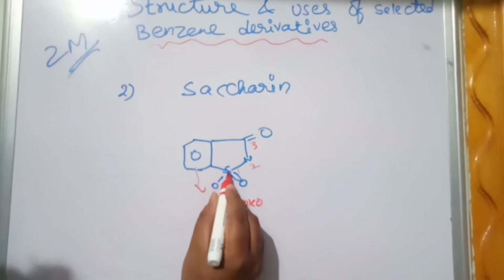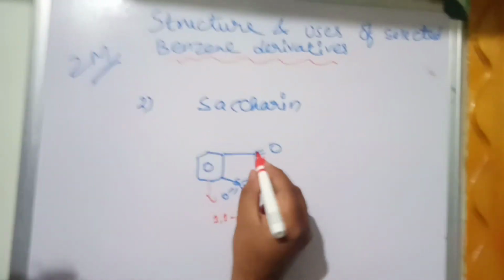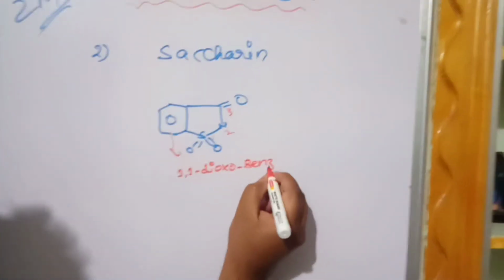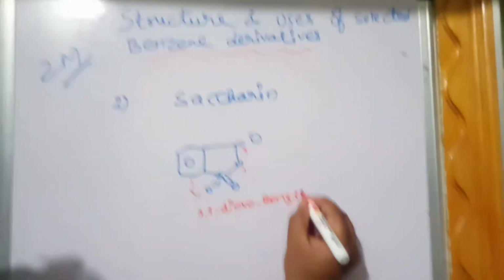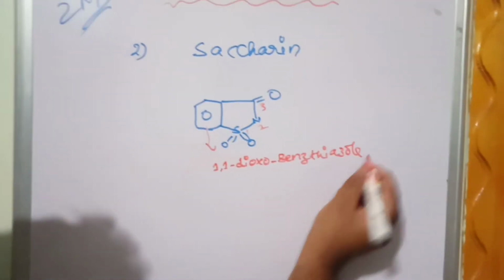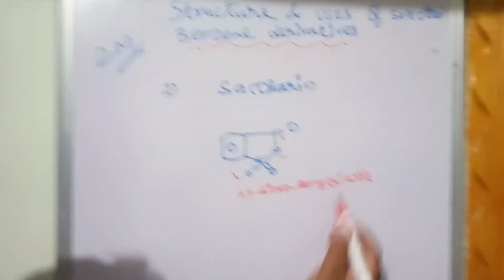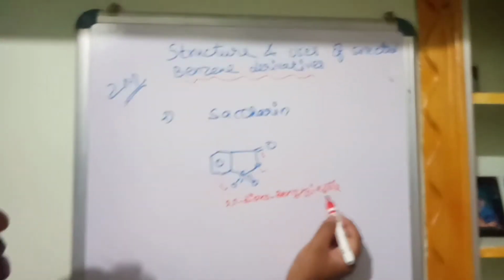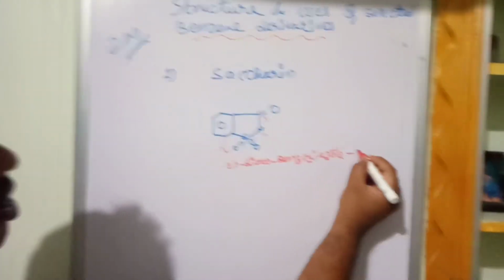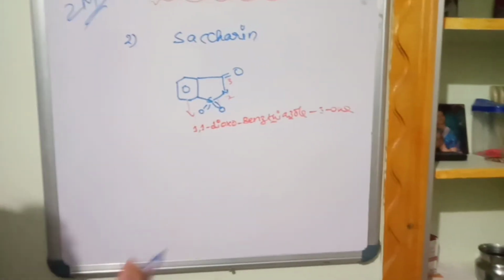Here, at the first position on sulfur, 2 oxygens are attached, so 1,1-dioxo. Then benz, sulfur means thio, and nitrogen means azole. At the third position there is a 3-one. So this is the IUPAC name of this particular saccharin.